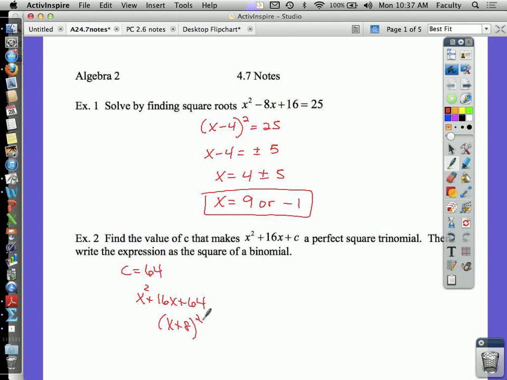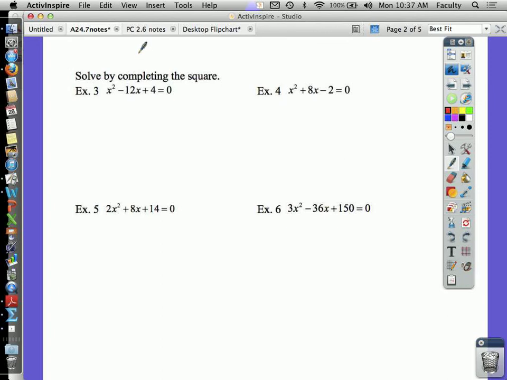Alright, so we're going to now do completing the square. But what I need to tell you, when you complete the square, you must make a equal 1, and what I mean by a is from ax squared plus bx plus c.